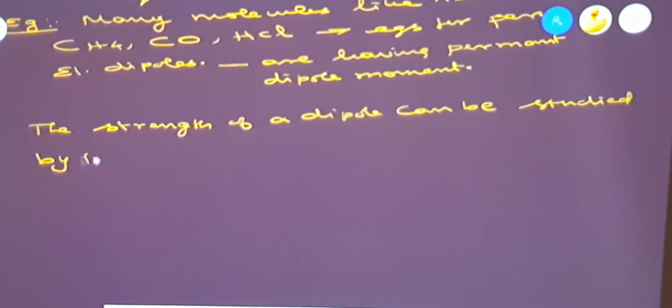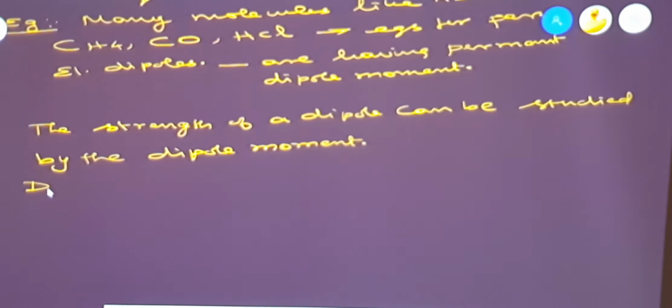If it is a permanent electrical dipole, then the dipole moment is also called permanent electrical dipole moment. Now, the question arises, how can you define this electrical dipole moment?